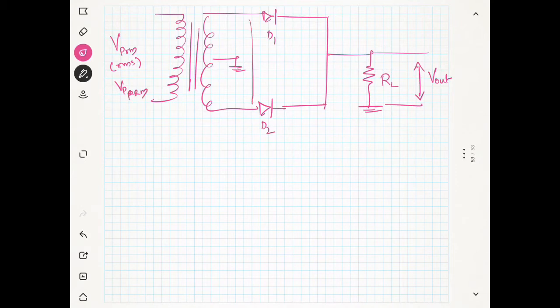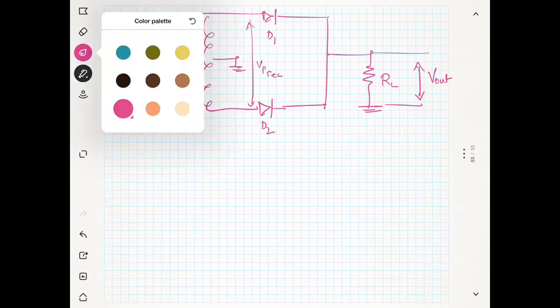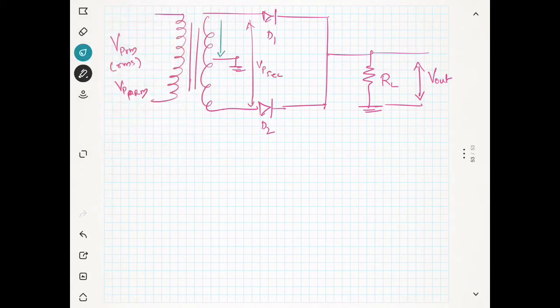and you can get here Vp secondary, and I told you the voltage between these two is Vp secondary by 2, and this is also Vp secondary by 2, and only one diode will be on at a time. Suppose this is on, then this will be off. Okay, now we will see what is the maximum output, that means Vp out.